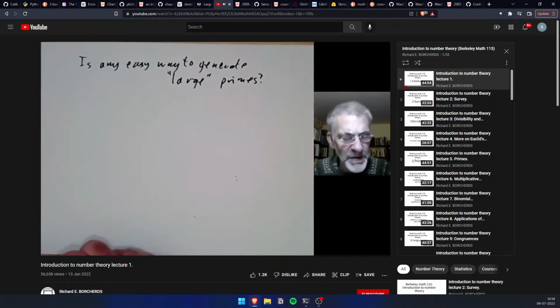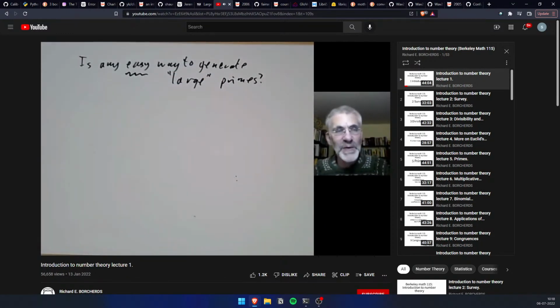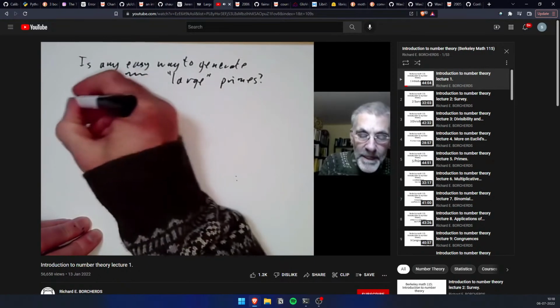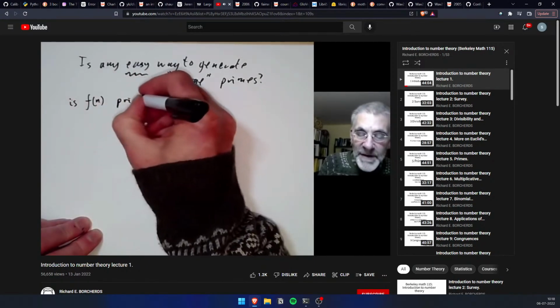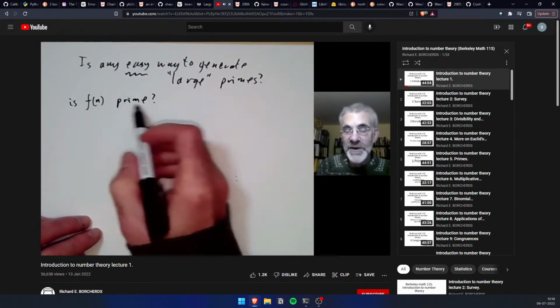And this is a sort of open question. It depends a bit on what we mean by an easy way to generate large primes, since we have some reasonably fast methods that computers can use to generate large primes. But it'd be really nice if we could find, say, a polynomial f of n, such that f of n is always prime. So are there any polynomials f such that f of n is always prime?